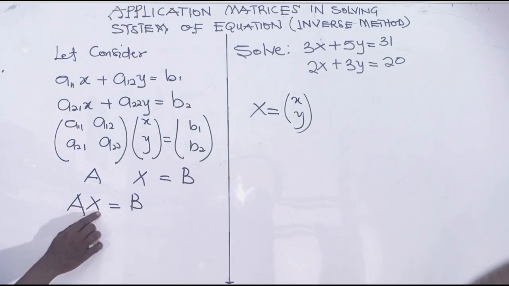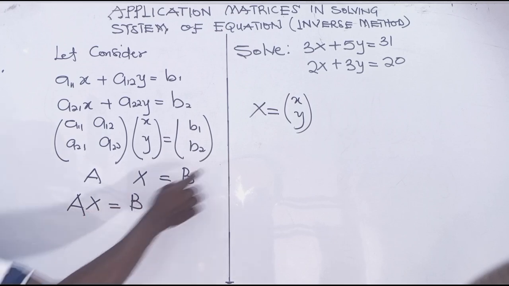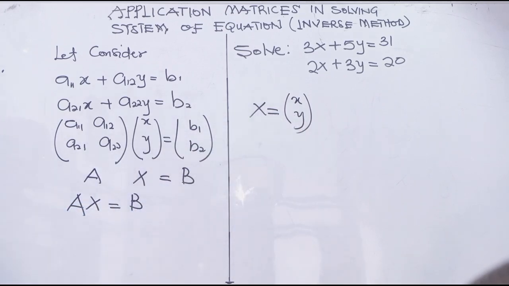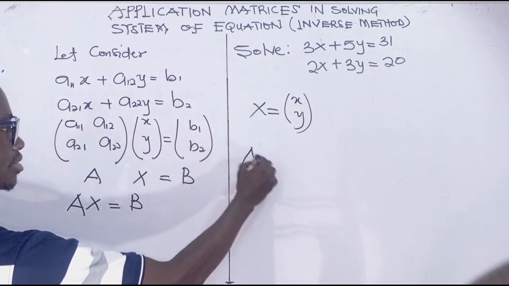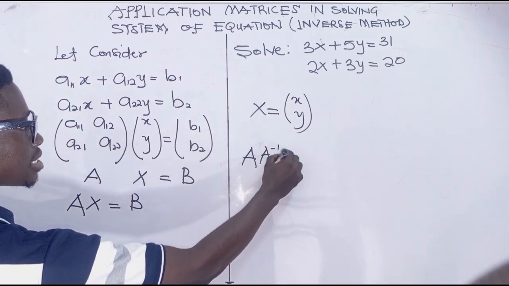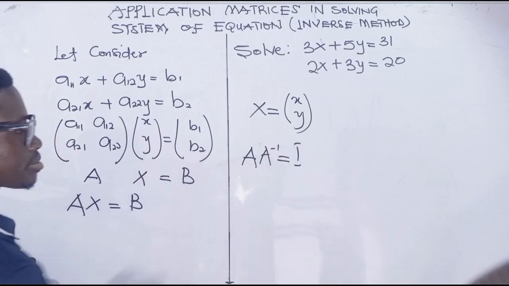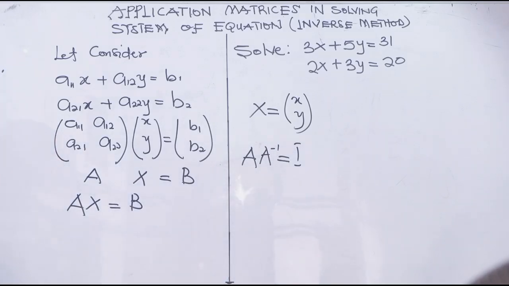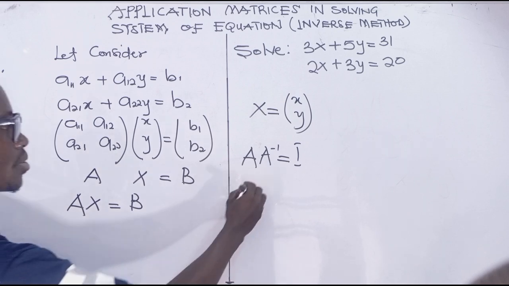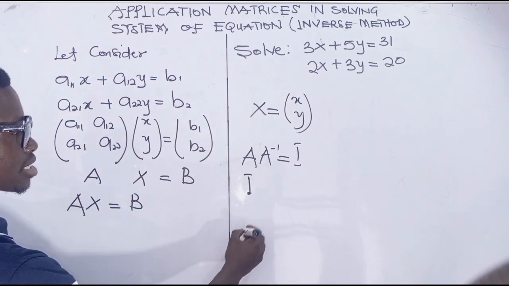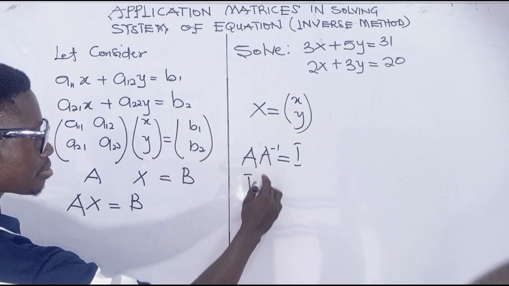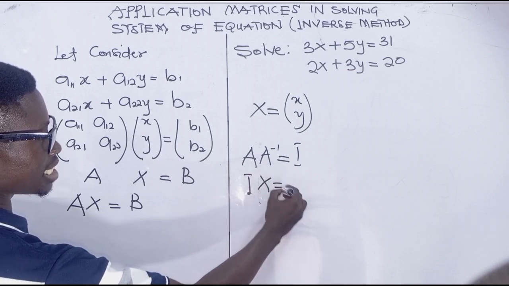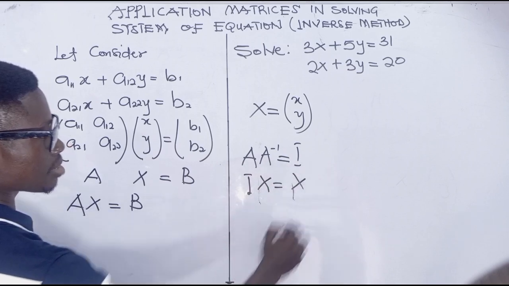So it means that if you are able to find X, it corresponds to these two unknown variables. So at this very point, we want to make X stand alone so that we can find these two values. And we have learned that whenever you have a matrix multiplied by its inverse, it gives you a unit matrix. And we have already established in our previous lesson that whenever you have a unit matrix multiplied by any matrix, it gives you the matrix back.